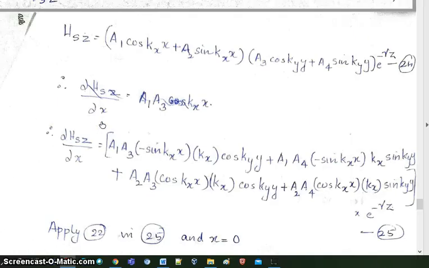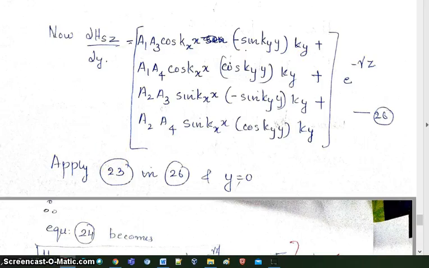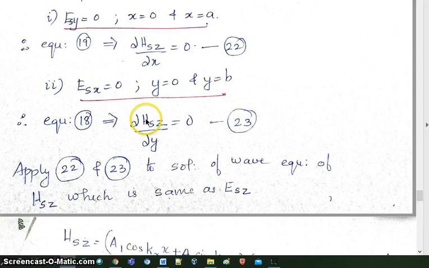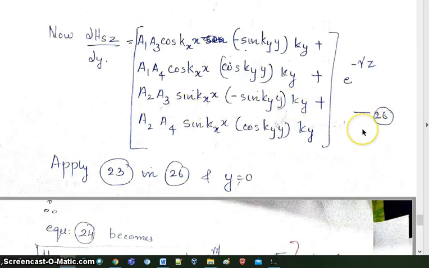Next, I am going to differentiate this with respect to y. I have differentiated it, and that is equation 26. And now I am applying the condition 23 in 26 and y equal to 0. Both these conditions, that is dou Hz by dou y is equal to 0 for y equal to 0, are applied in equation 26.